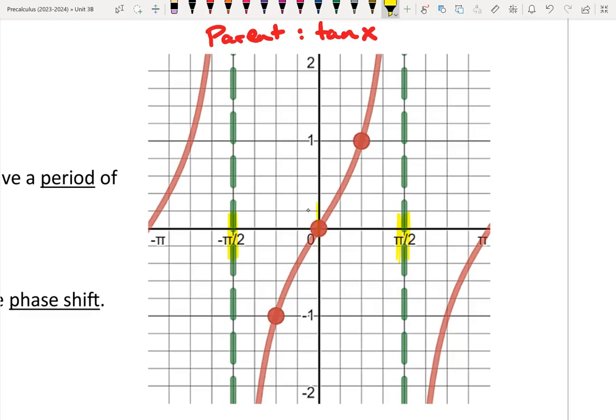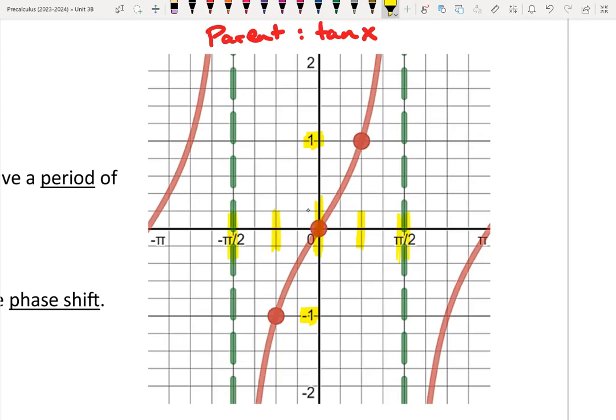So we cut it in half, right? And that one right in the middle is going to be on the x-axis. Then we can cut that again in half. That would be at negative pi over 4, and that point is going to be down at negative 1. And then we cut the other one in half at pi over 4, and that one will be up at positive 1.